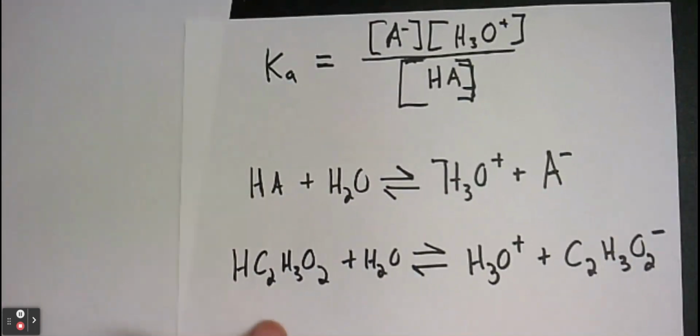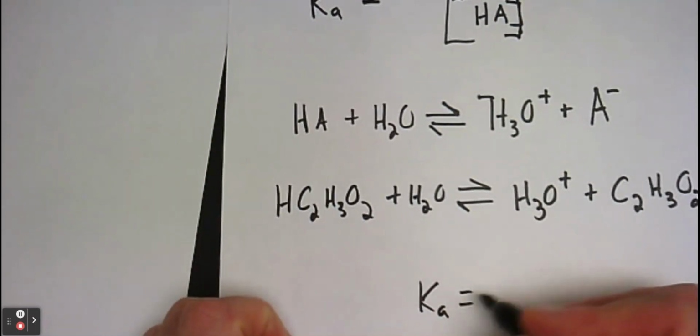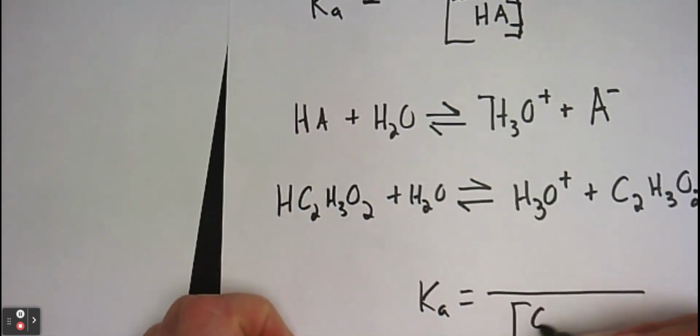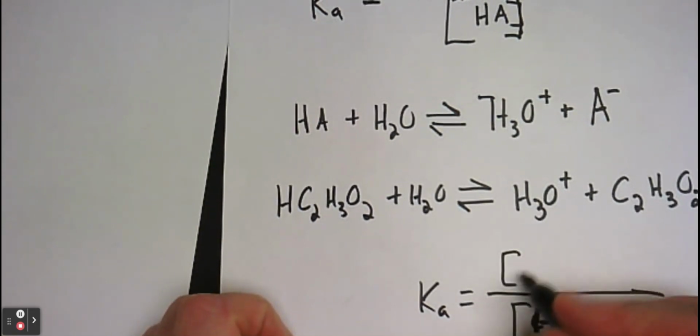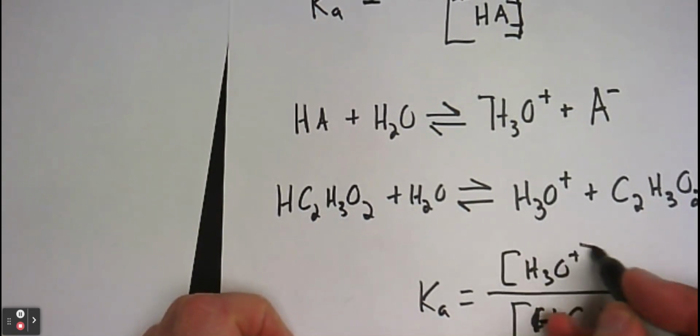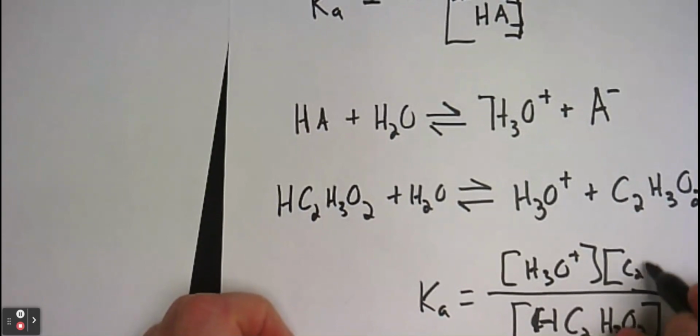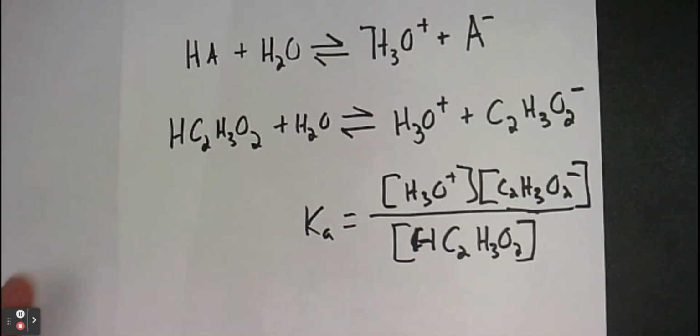So this Ka value would be equal to the concentration of hydronium times acetate over the concentration of acetic acid of the original solution.